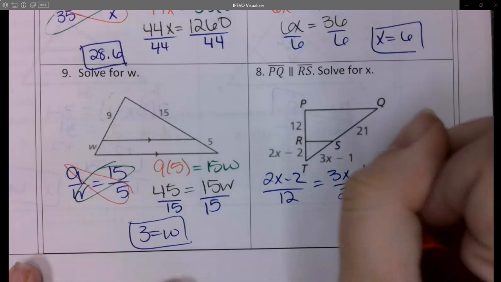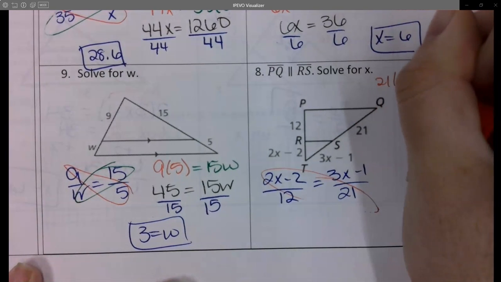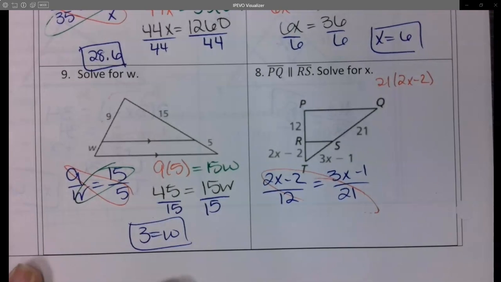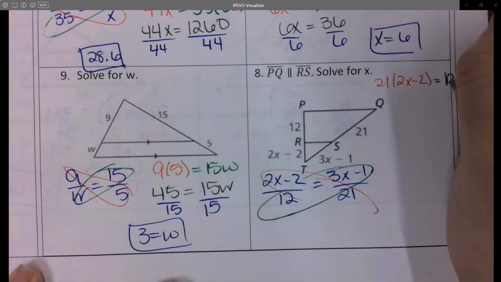Okay, then I want to cross multiply. So I'm going to have 21 times 2x minus 2, and then 12 times 3x minus 1.